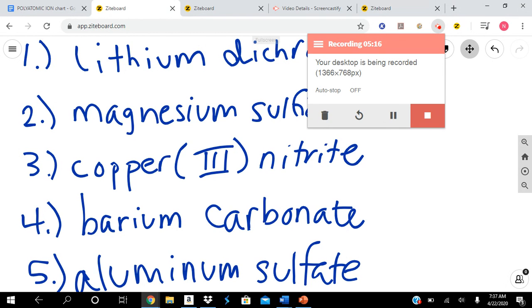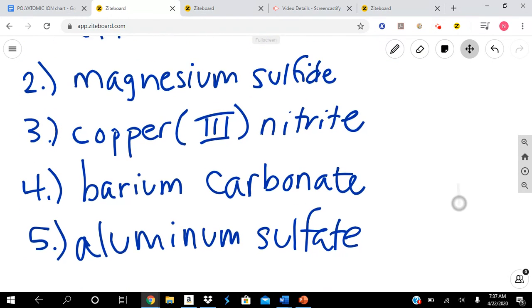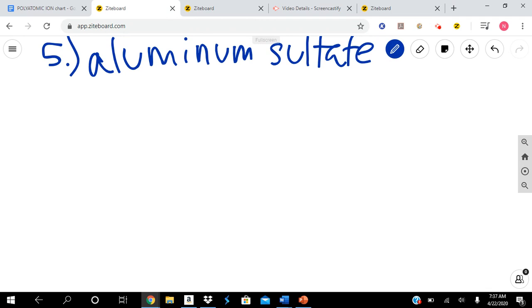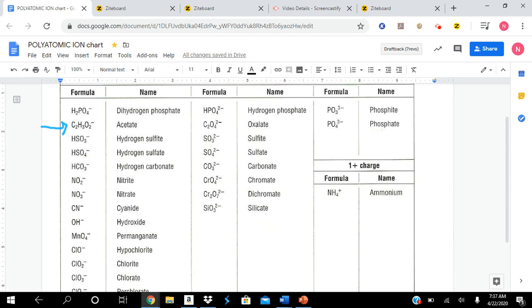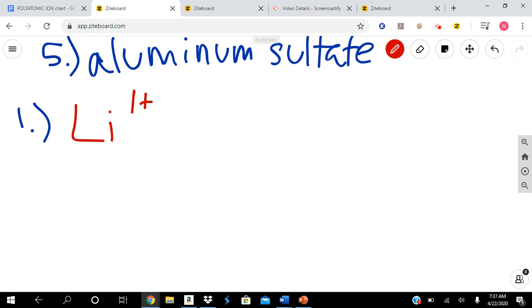All right, so continuing with this next problem set. All right, number 1 is lithium dichromate. Lithium is number 1 in group 1, so it's 1 plus. Dichromate, it's in the second row, Cr2O7, 2 minus.